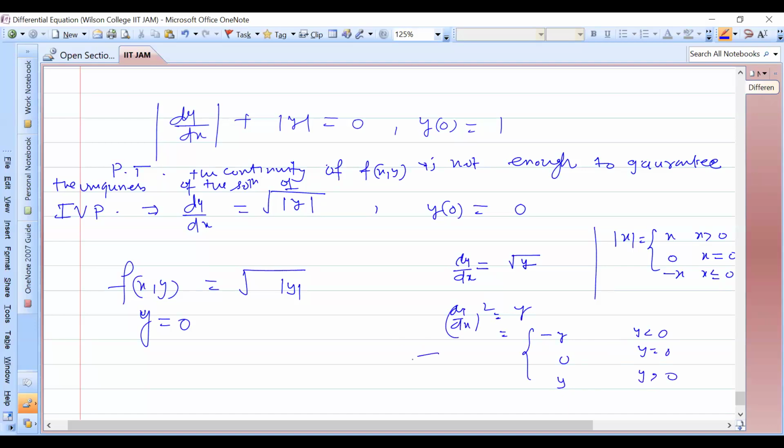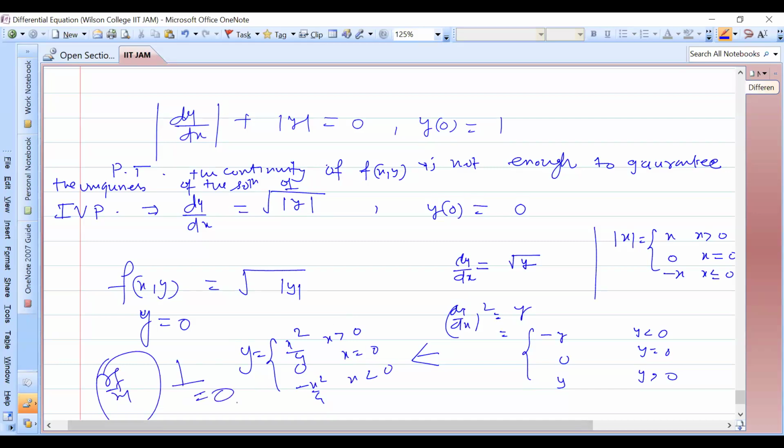If you simplify it, we get y equals x squared by 4 for x greater than 0, 0 for x equals 0, and minus x squared by 4 for x less than 0. Another thing, if you recall that condition, del f upon del y, the derivative will come into the denominator, so it is already undefined. Clear?